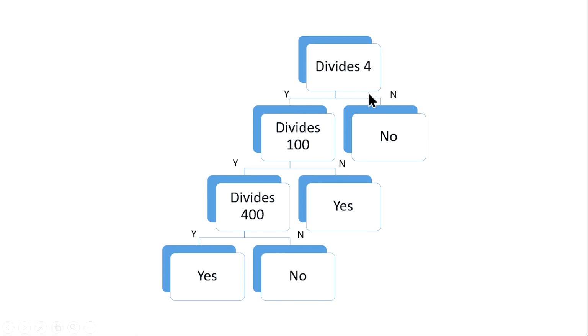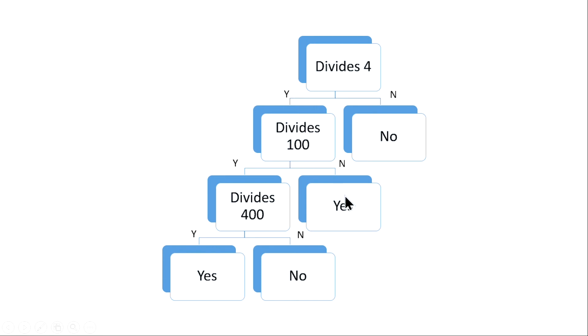So this is one way to analyze the conditions for a leap year. There are several ways to implement this in a program, and I'm going to use this way. I'm going to check if it divides by 4 and is not divided by 100, and that will be a yes answer, so it goes to this route.